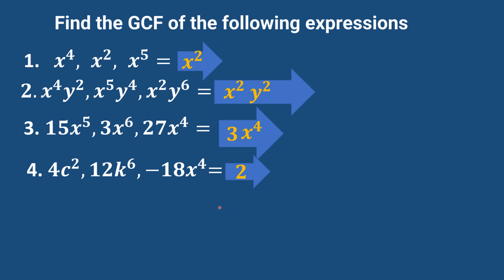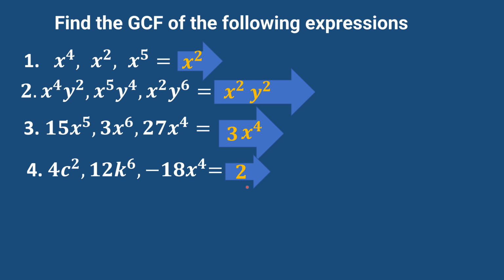As you have seen in number 4, we have the 4, the 12, and the negative 18. So far, the 2 is the common factor of the 3, because 2 can divide 4, 2 can divide 12, and 2 can divide 18.